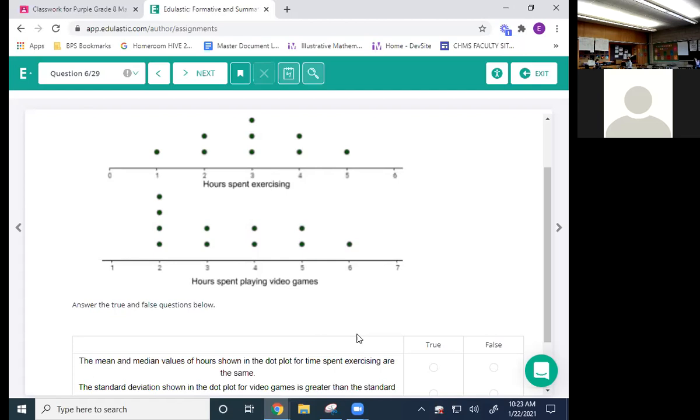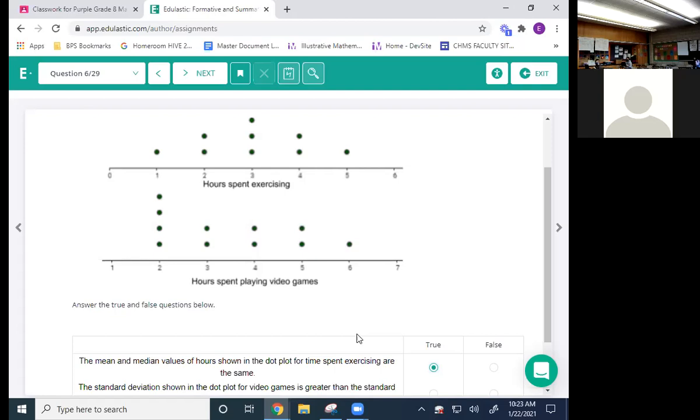When you have a symmetric set of data, that means that your mean is going to fall in the middle, your median is going to fall in the middle. When you have a bell-shaped set of data, the mean and the median are going to be equal to one another. So this is a true statement because when we have symmetric or bell-shaped data, the mean and the median are going to be equal. It's when we have a skewed graph or a bimodal graph that these things are going to change. Really, non-symmetric is when they're going to be different.